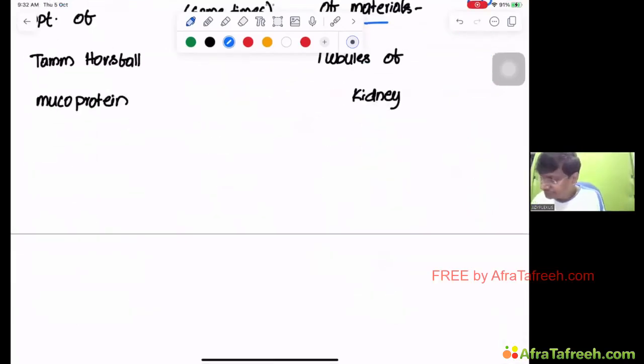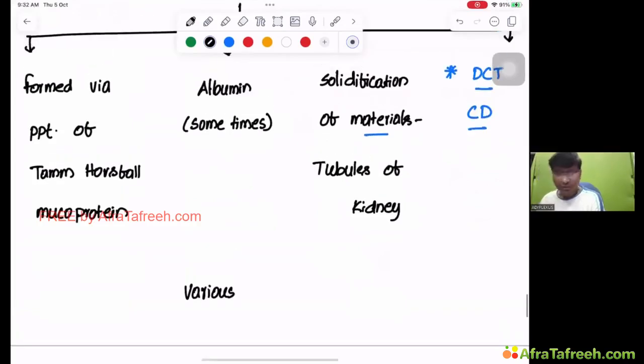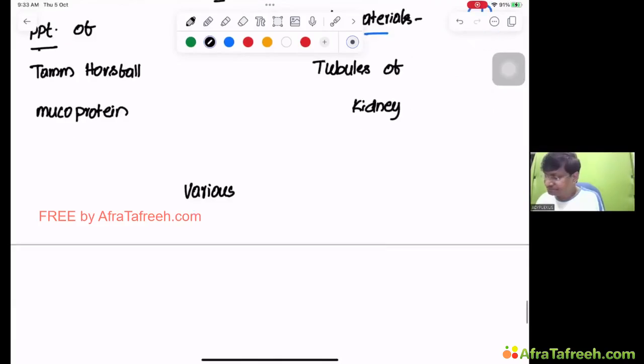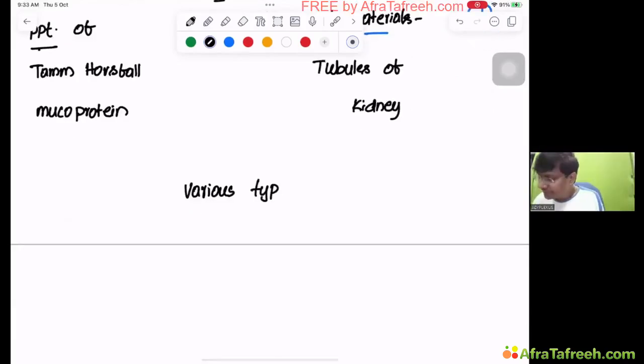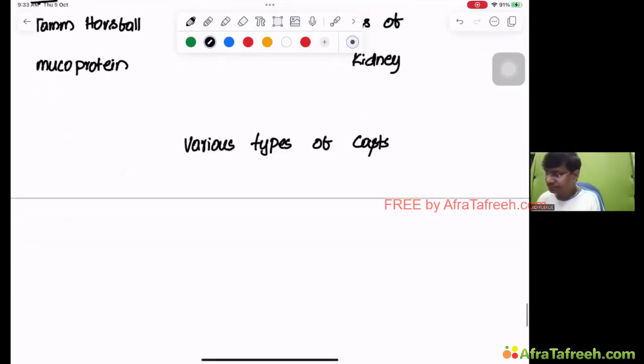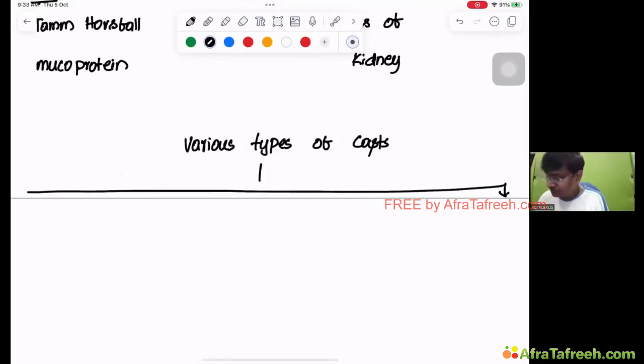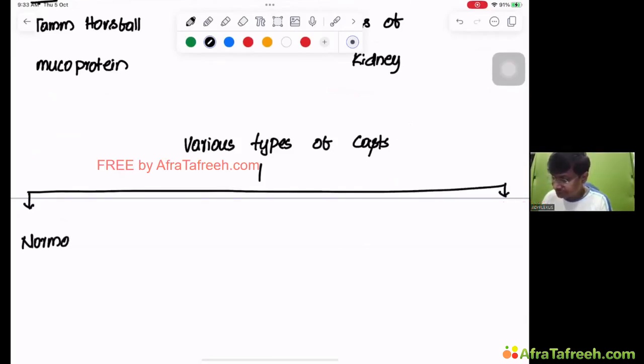So, if you take the various types of cast, so what is cast now? It is formed by precipitation of Tamm-Horsfall protein, or sometimes the precipitation of your albumin. So, if you take the various types of cast, you need to know the normal cast first.